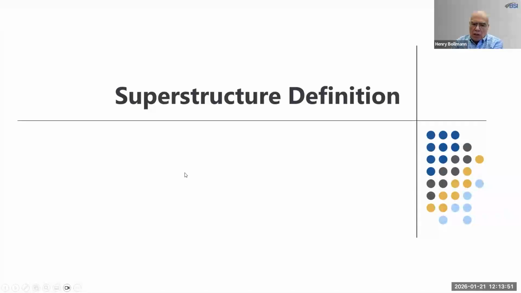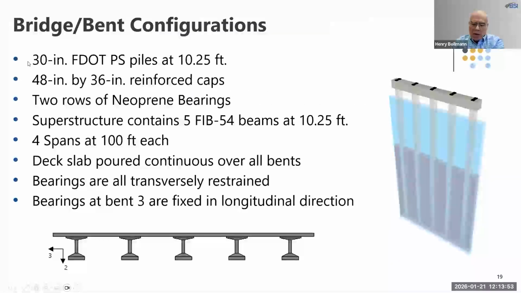So the superstructure definition, basically what we have here is 30-inch piles I put in here. 24s might work, but I'm not designing this bridge. This is for demonstration. I have them at 10-foot spacing. We've got reinforced pile caps, 2 rows of bearings, and the superstructure is 5 FIB 54 beams, a typical FDOT standard beam, 10.25, 100-foot spans.